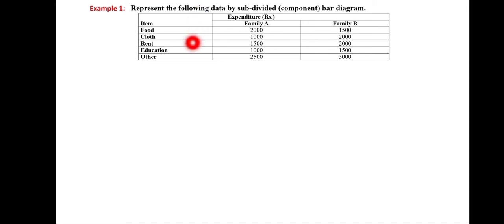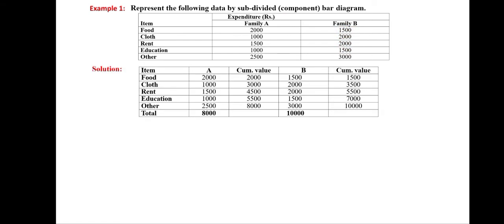So here items are given, and the expenditure of family A and family B is given. So first, in a subdivided bar diagram, we have to calculate the cumulative values. You can see here these are the expenditure values. So let us calculate the cumulative values of these expenditures. So first one is 2000.